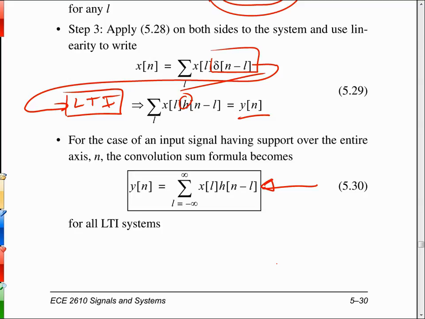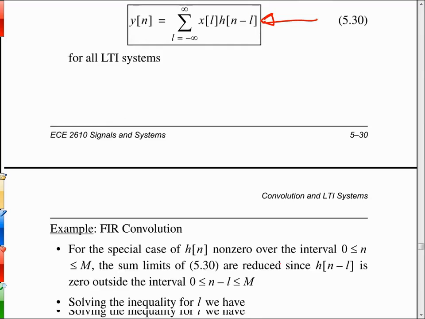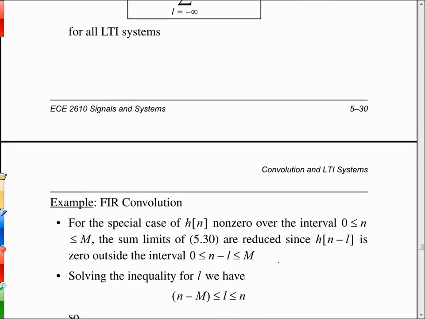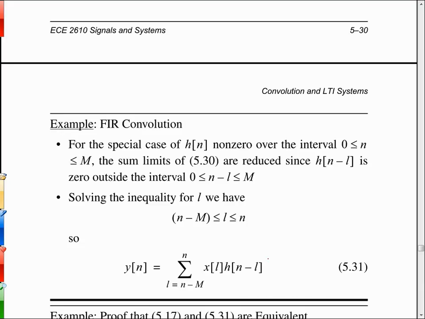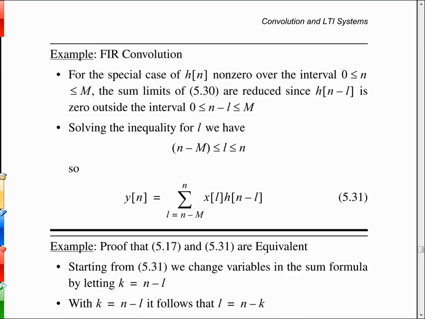We set the table up where we actually had h of k, and we had x of n minus k. So that's sort of a missing piece to the puzzle. This looks like something different than what we did before. So what we have to do now is show that they're equivalent.